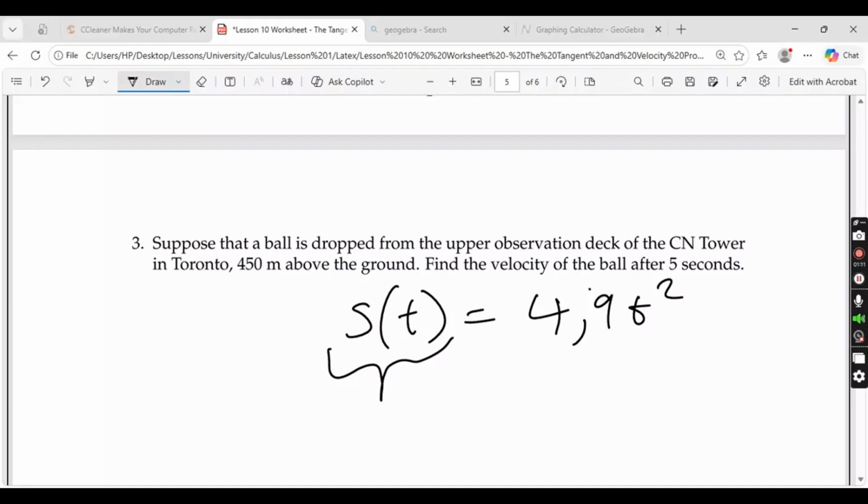S of t, that is the distance. Okay. So now when you're saying 4.9 times 5 squared, you're saying that's the distance, of which we are looking for the velocity.